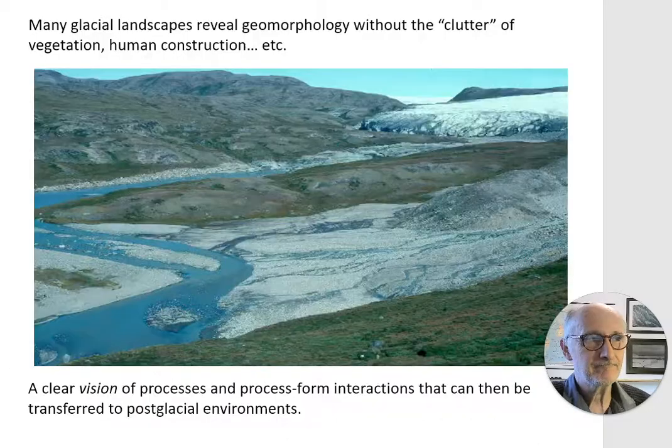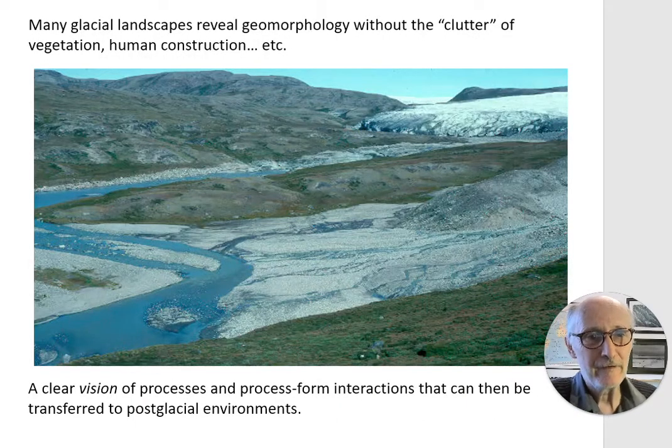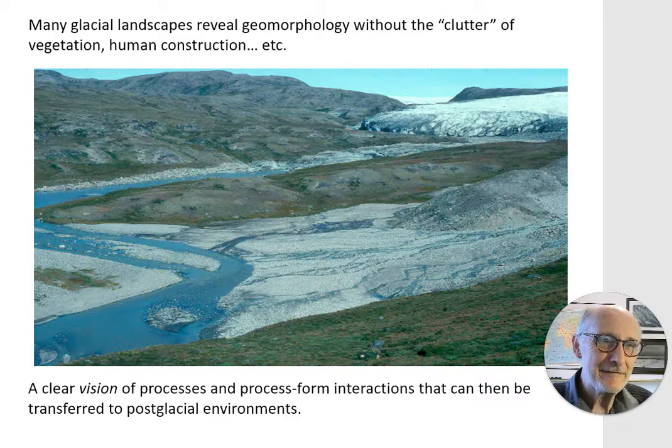So here's one of my favourite old field sites in West Greenland, and you can see this is typical of a lot of glacial landscapes, revealing the geomorphology, revealing the landscape without the clutter of human construction, without the clutter even of very much vegetation. You can see very clearly what's going on.